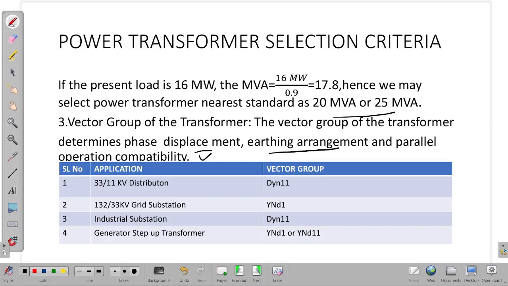Similarly, in a 132 by 33 kV substation, it is YNd1. Industrial substation, same DYN11, delta star N11, with neutral.